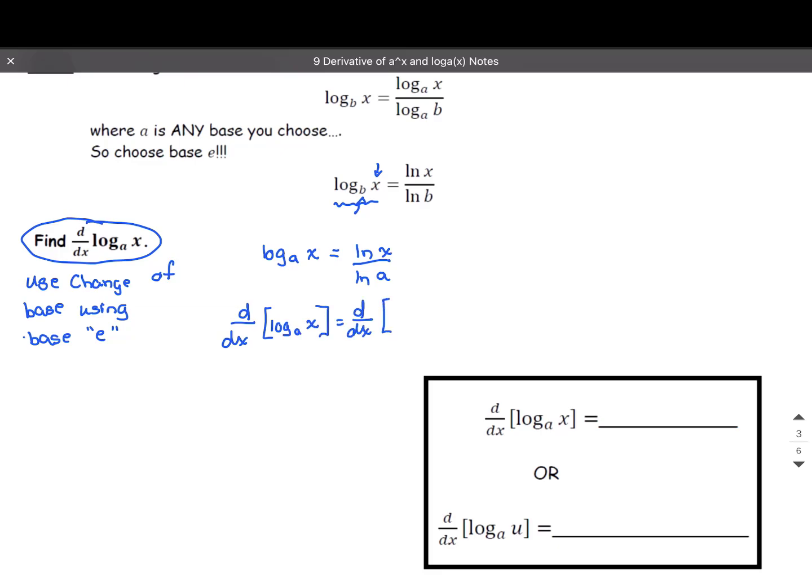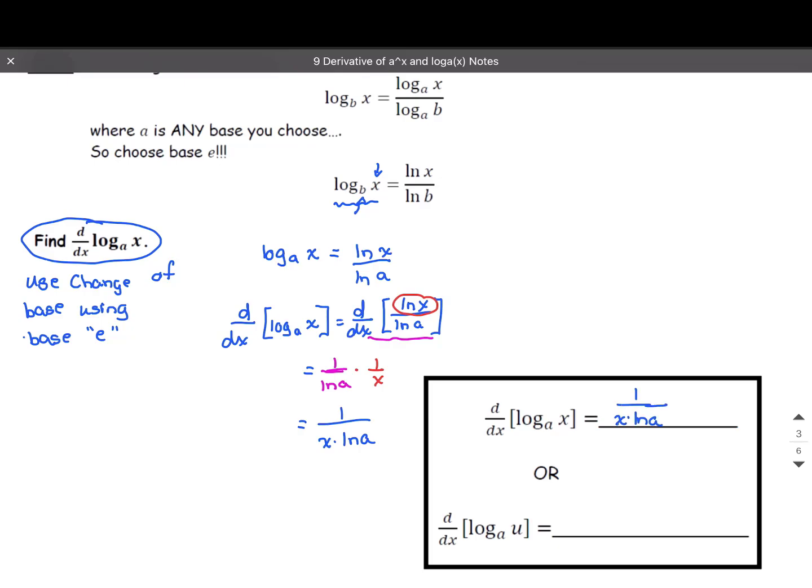And keep in mind that natural log of a is a constant. So when we take the derivative over here, we're going to keep the constant 1 over the natural log of a. Then the derivative of the natural log of x is 1 over x. That means that this derivative is 1 over x times the natural log of a. We just proved it.